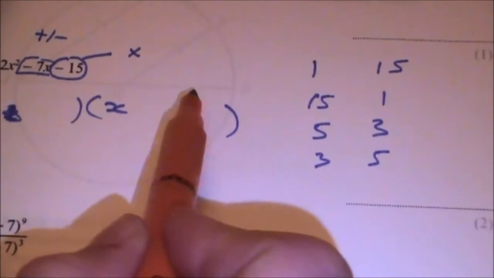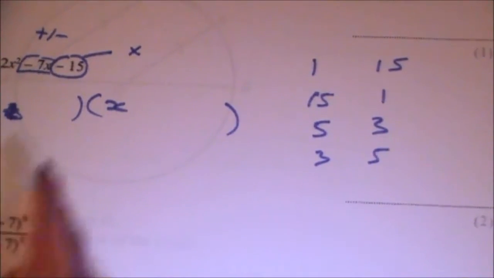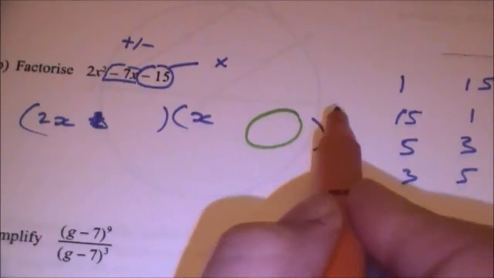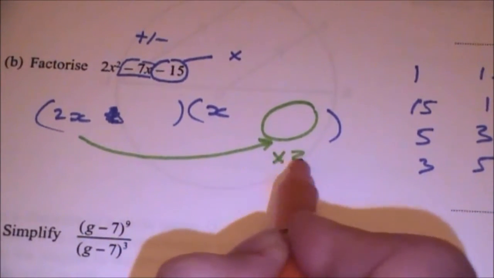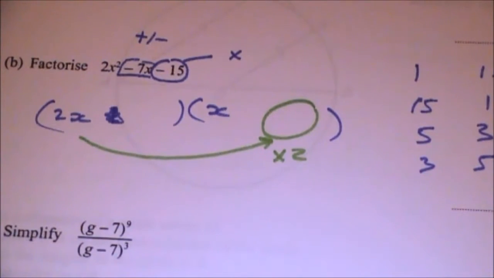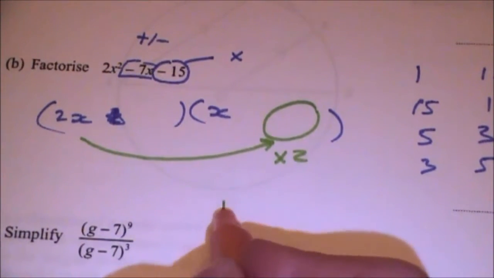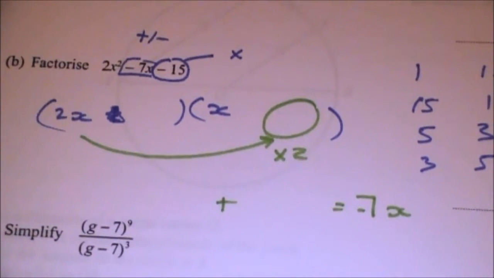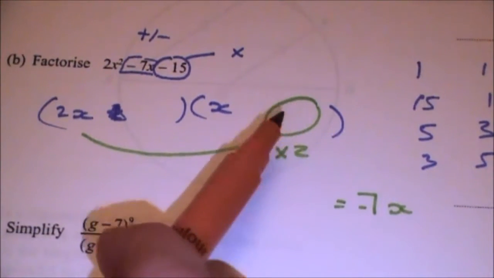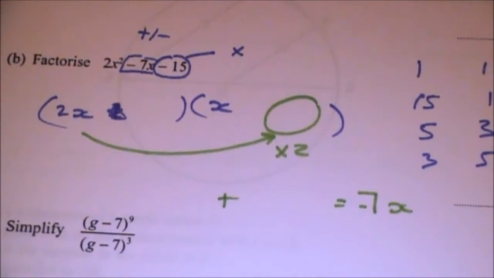Now, whatever number I put here, it's important to note whatever number goes there is going to end up getting multiplied by 2. So when we're thinking about them adding together to give us that negative 7x, we need to remember that that value is going to be doubled.